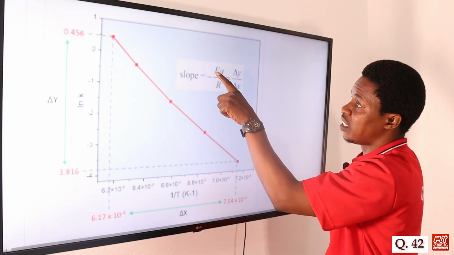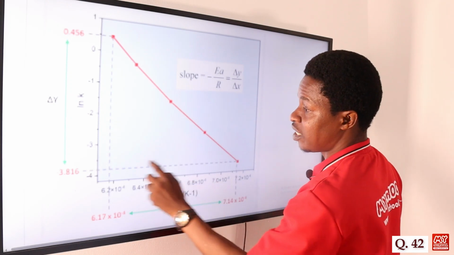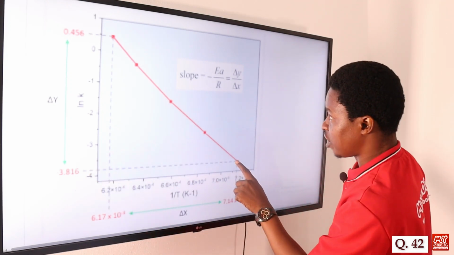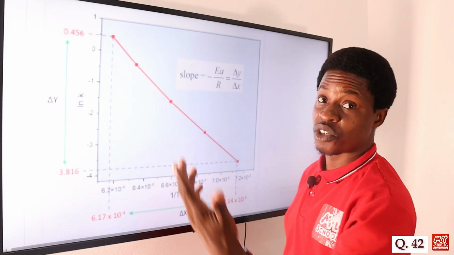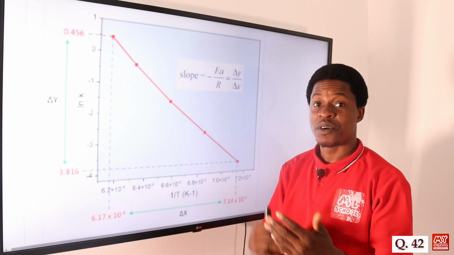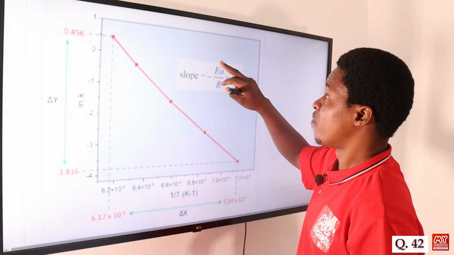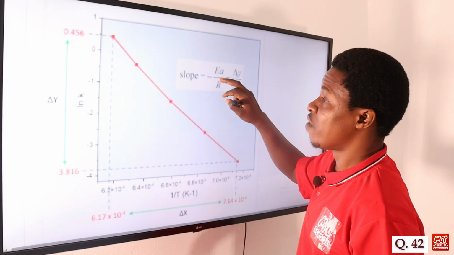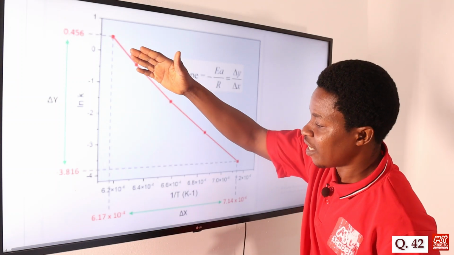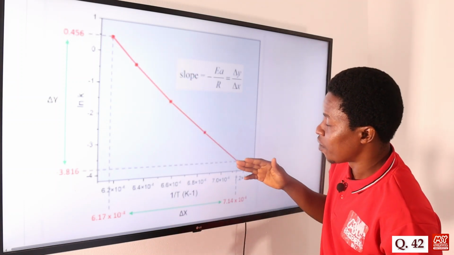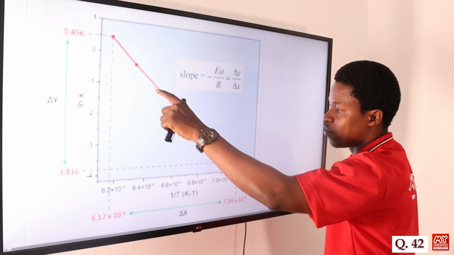The slope is the change in y over the change in x, y2 minus y1 over x2 minus x1. So it is also equal to the negative of the activation energy over R, the constant. This is how the Arrhenius law looks, see the slope coming down from your left moving to the right.